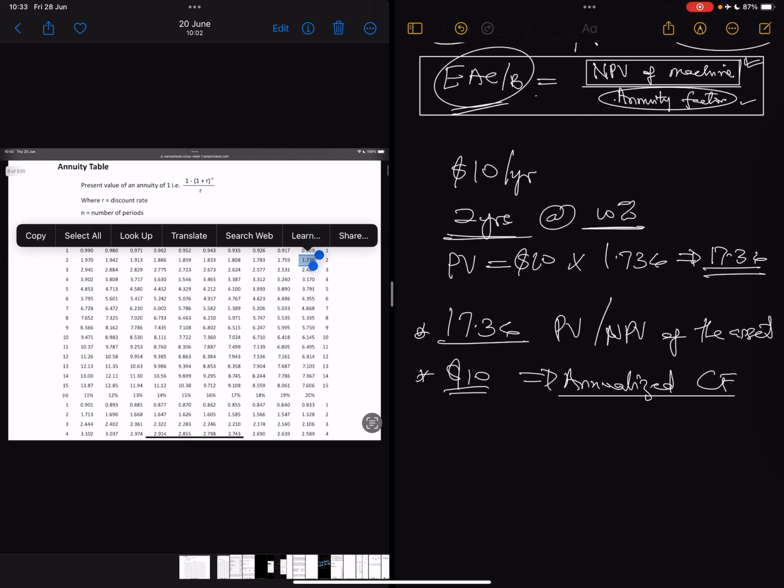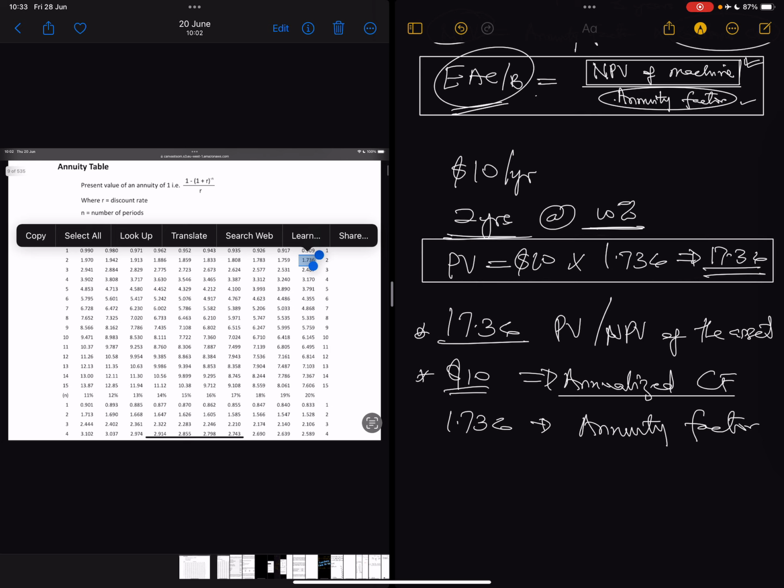And 1.736, which is the factor we used, was the annuity factor. So you can see what we've done here is what this formula is talking about. But in this formula, what we are trying to calculate is this part, the annualized figure. And that is why that is your EAC formula. And I'm going to try and solve a question on EAC so that it drives it home even better for you.